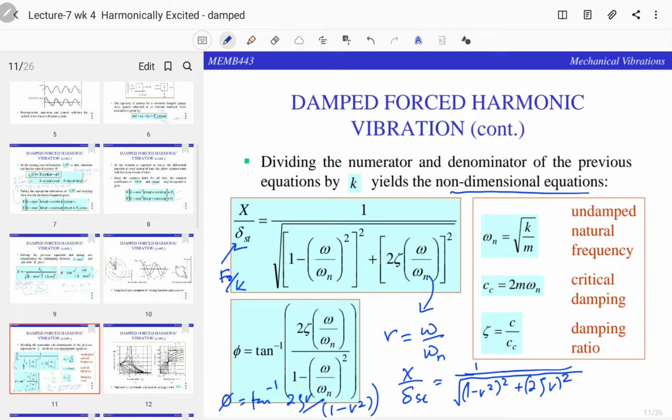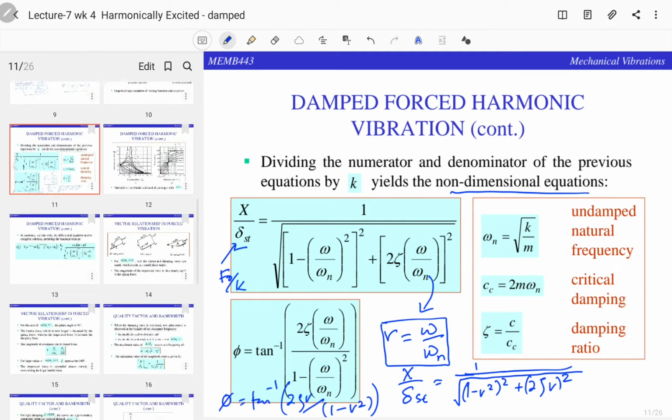The equation looks a little simpler if you use the term r here. That's what we use in the list of equations.